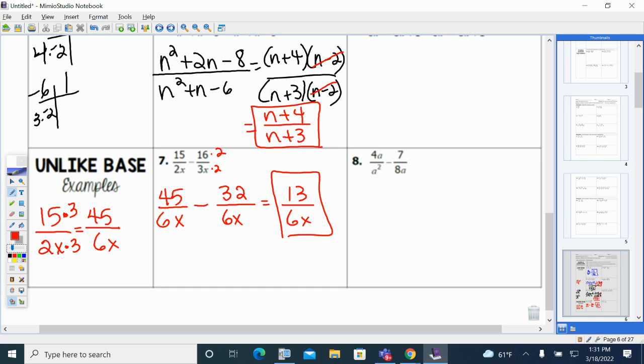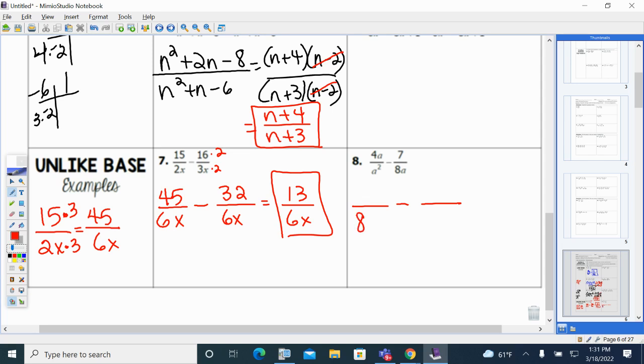I would like to look at number 8 because it's another monomial question before I get to the binomials and trinomials. So I've got 4a divided by a squared minus 7 divided by 8a. So again, what we have to do first is come up with a common denominator. And remember, with the common denominator, it is your least common multiple. So a squared and 8a, least common multiple, is going to be 8.